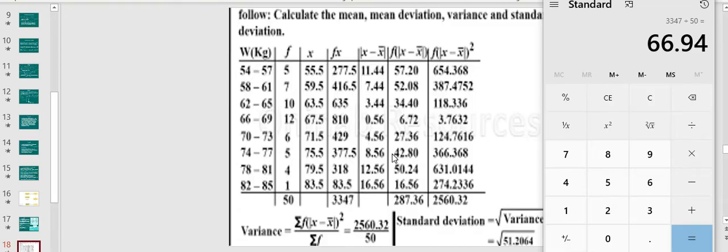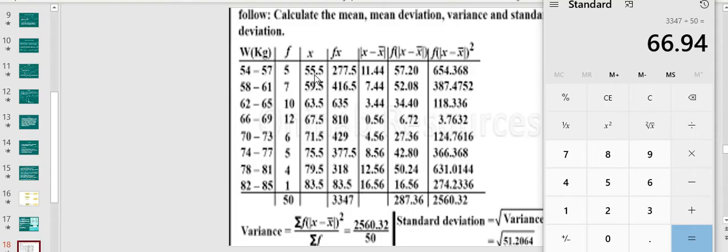Now we will subtract the mean from each value of the data point. The first data point of this data set is 55.5.